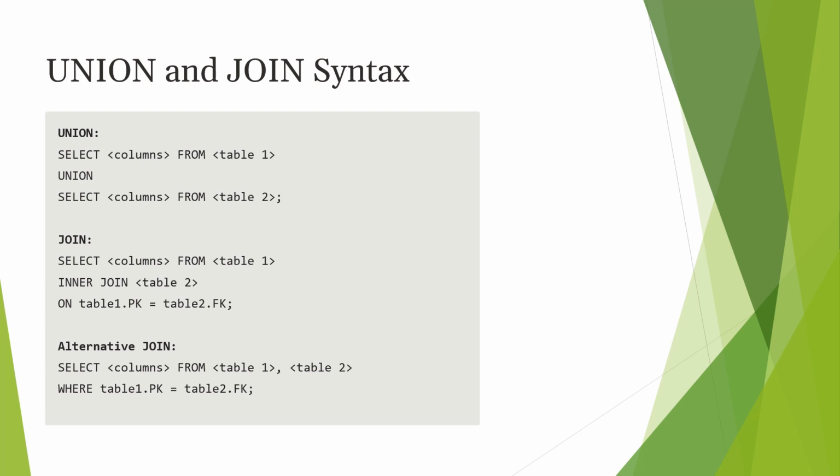Later we will also learn there is an alternative join. Instead of using join and on, we can also just select from table 1 and table 2, where table 1 primary key equals table 2 foreign key. So the join and the where condition work similarly.